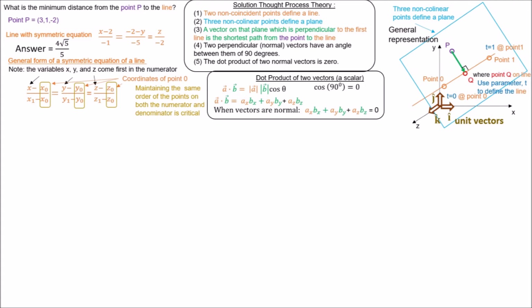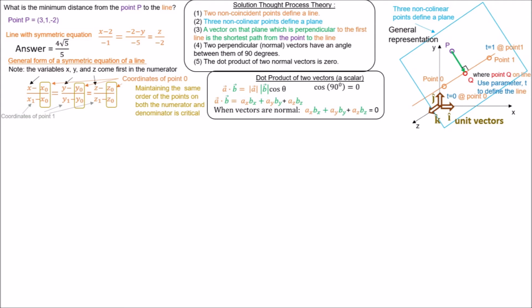And then in the numerator, the first term is the variable. For example, the farthest left equation has variable x, the middle has variable y, and the farthest right has the variable z. And then in the denominator, under the variable, is the coordinate of the ending point of the line, that is point 1. So we have coordinate x1, coordinate y1, and coordinate z1.